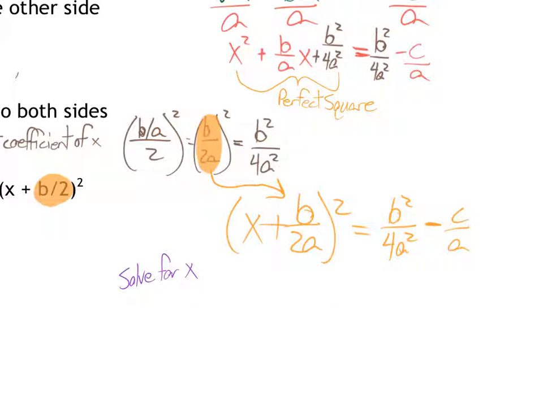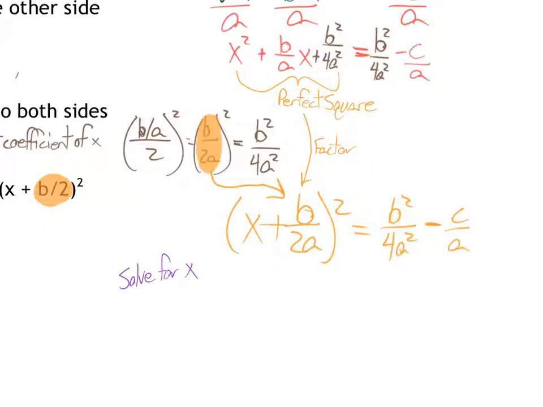The yellow part came in because I had this trinomial and I factored it into this x plus b over 2a squared. It'll always factor this way.